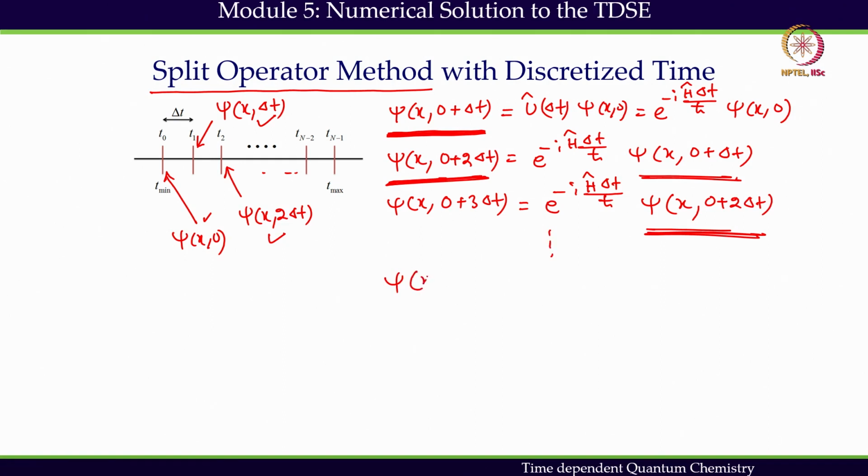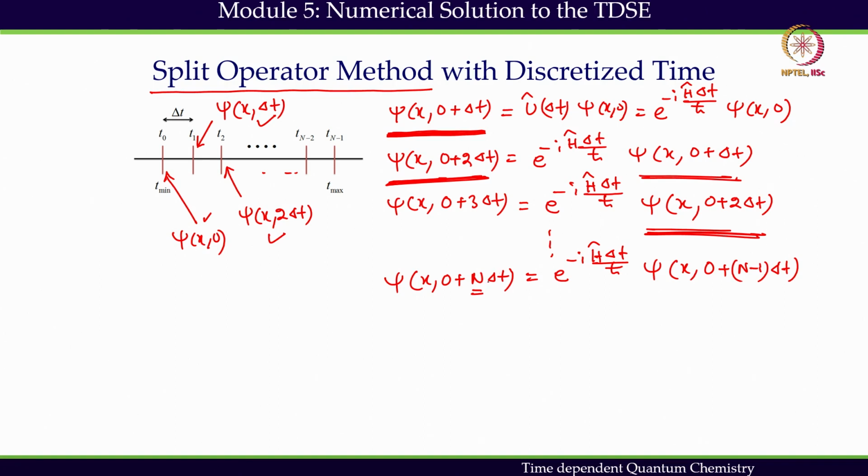The final step, let us say, is going to be x, 0 plus n delta t, n being the number of steps I have gone in the time frame, and that is going to be nothing but e to the power minus i H delta t by h cut, then psi x, 0 plus, remember I need the wave function just before this, which means n minus 1 delta t, and that is the way we can get this.